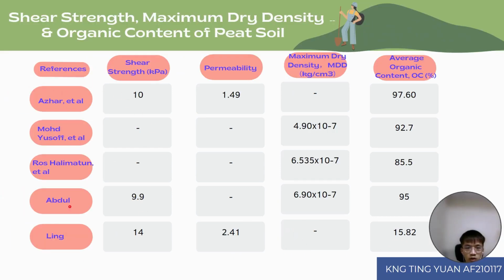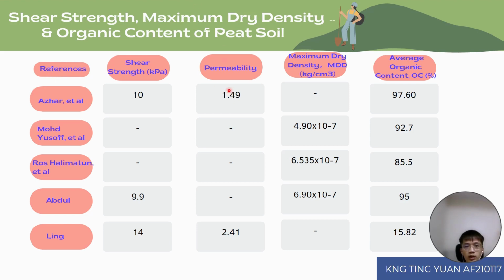Based on three authors, the shear strength is 10, 9.9, 14 kilopascal respectively. Shear strength is the mechanical property usually required in design. Because of the capacity of this material to retain high water content, it is generally weak in its natural state, but significant strength gain is achievable with consolidation.